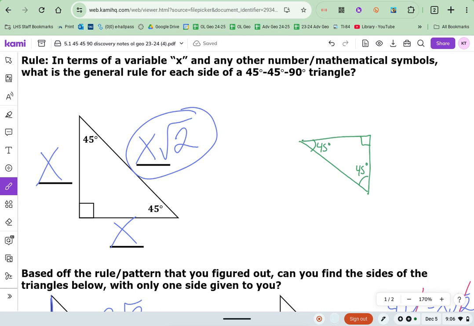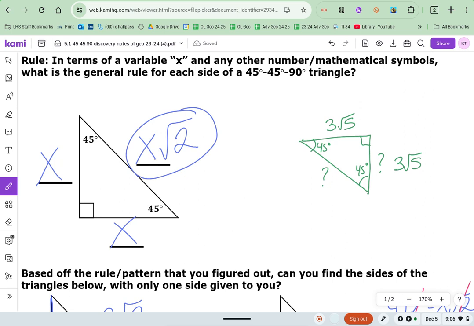All right. Okay, so let's say that we're given a leg. Let's say that we're given this leg right here and that it is 3 root 5. Okay, and we want to know what the other leg and what the hypotenuse is. Well, we know that the legs are always the same. So if one leg is 3 root 5, the other leg is 3 root 5.